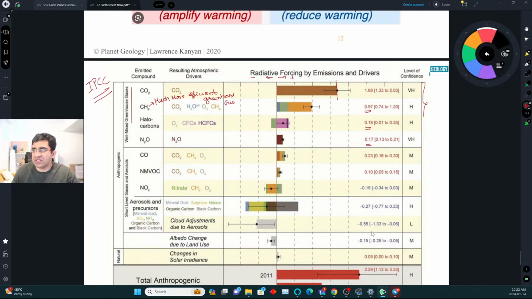Can you add these all up together and tell me how much radiative forcing we have increased due to greenhouse gases?